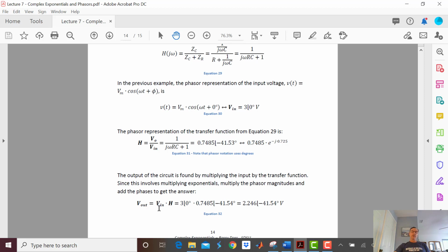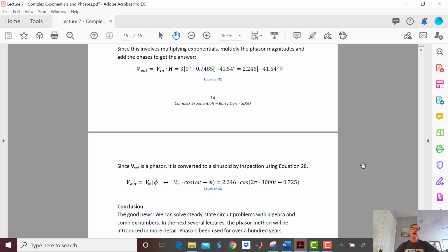Boldface V out equals boldface V in times boldface H is equal to 3 at an angle 0 times 0.7485 at an angle of minus 41.5. Multiply the magnitudes, we get 2.25. Add the phases, we get minus 41.5.